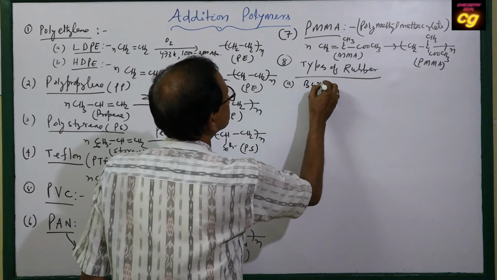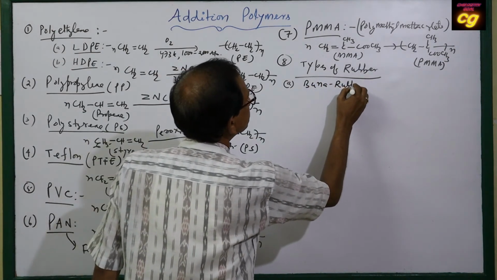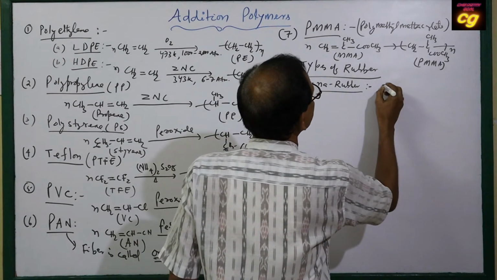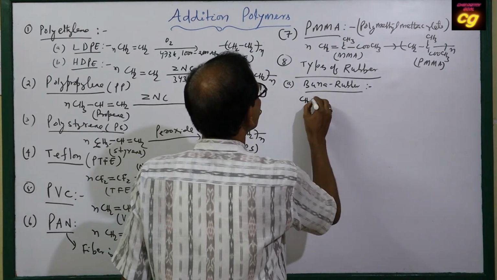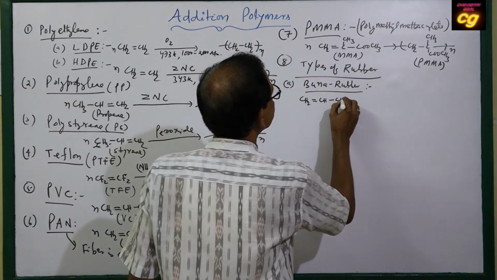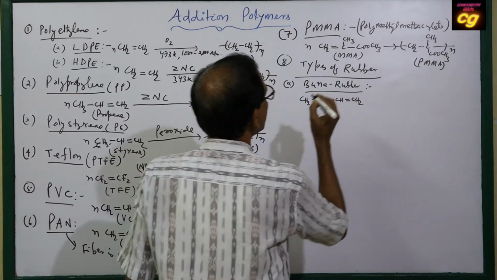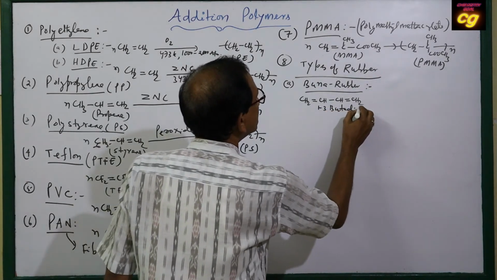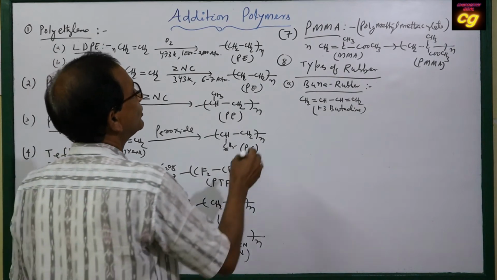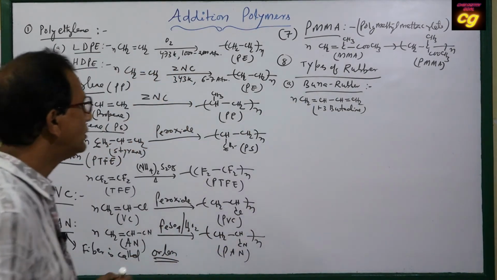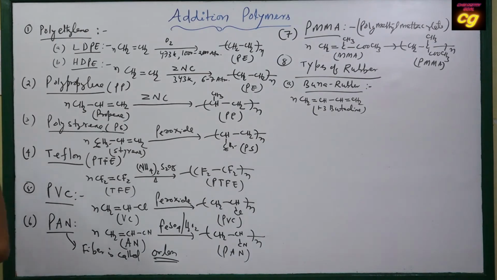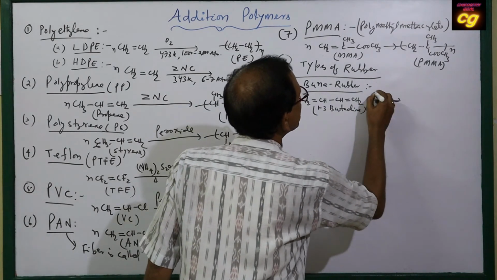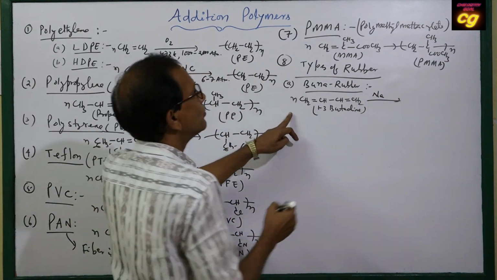Buna rubber, mainly prepared from 1,3-butadiene. When 1,3-butadiene polymerizes in presence of sodium metal, this is Buna rubber.